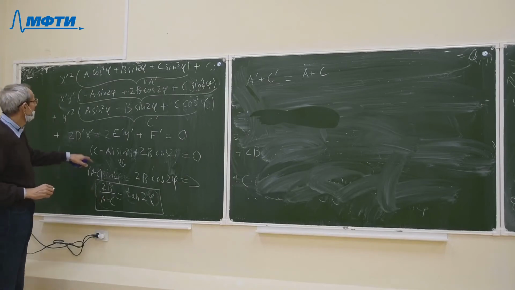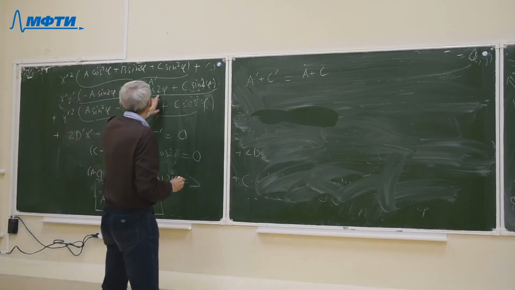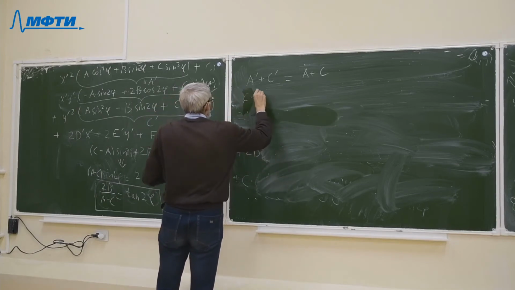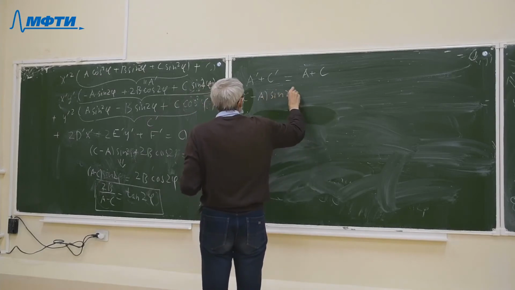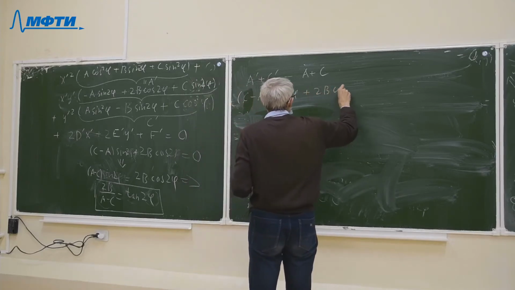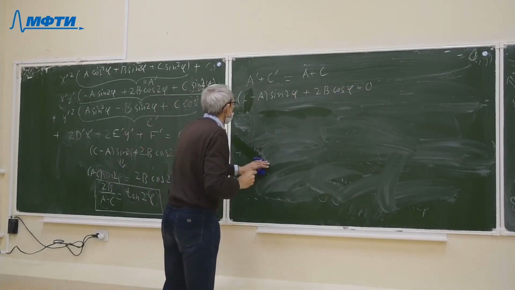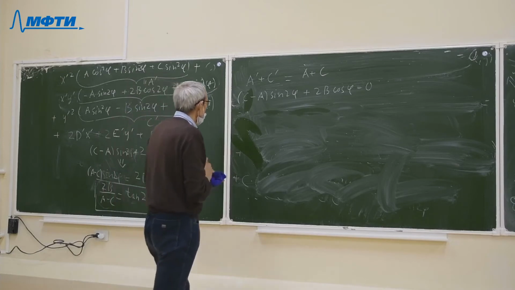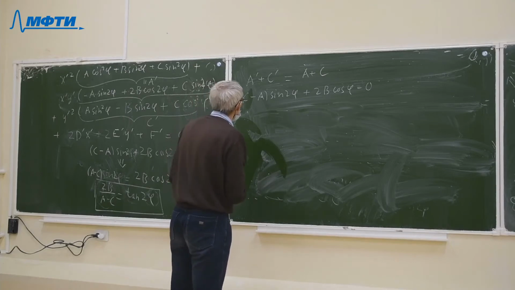In our situation, this coefficient is equal 0, and we have that c minus a sine 2 phi plus 2b cosine phi is equal 0. And let's calculate the other sum.